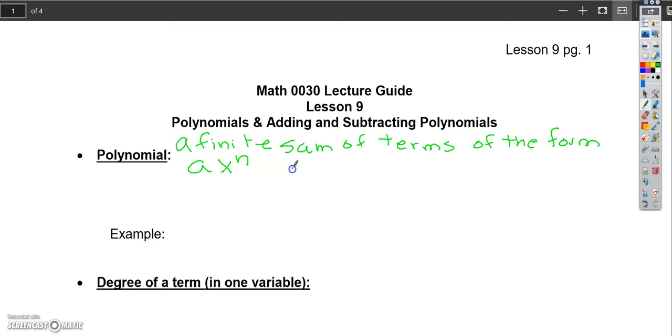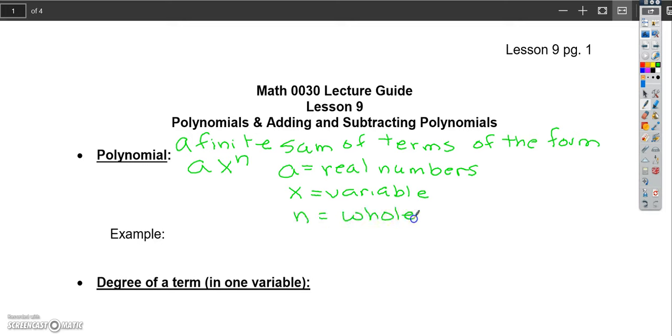And all that means is a is going to be a number, a real number, which are the only numbers you know as of this point. X would be a variable, and n would be a whole number, meaning it has to be positive.